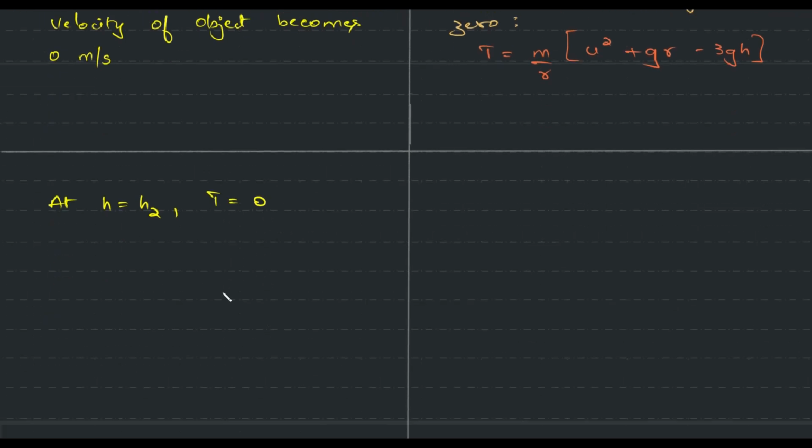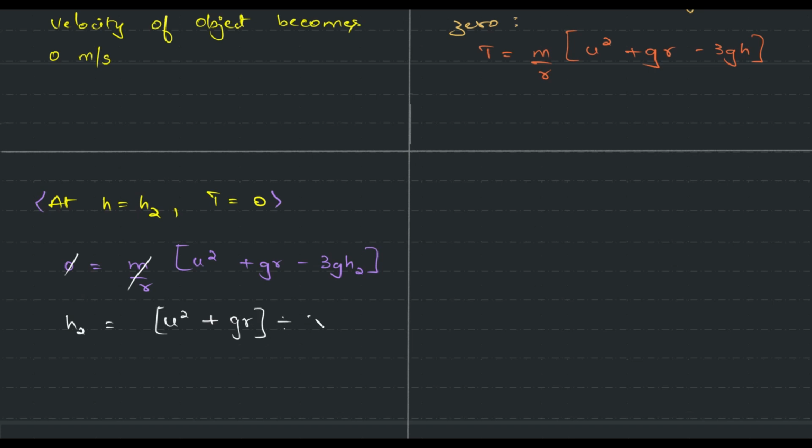So let's figure out h2. 0 is equal to m by R times u square plus gR minus 3gh2. So we have h2 equal to u square plus gR, this entire expression divided by 3g.